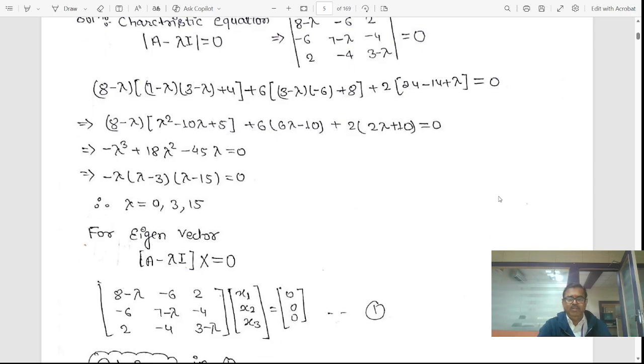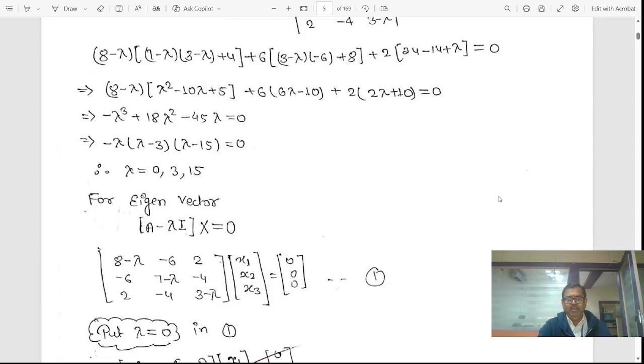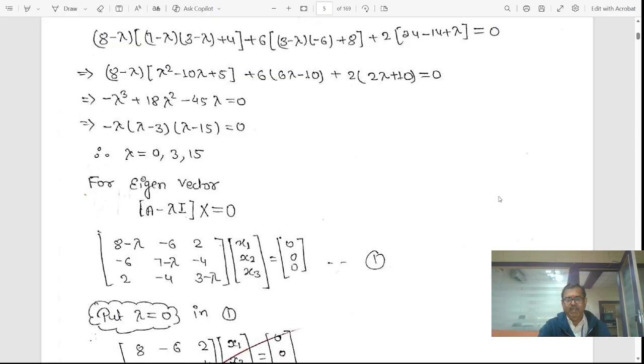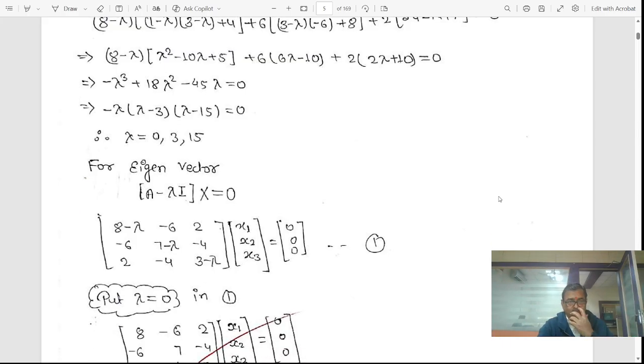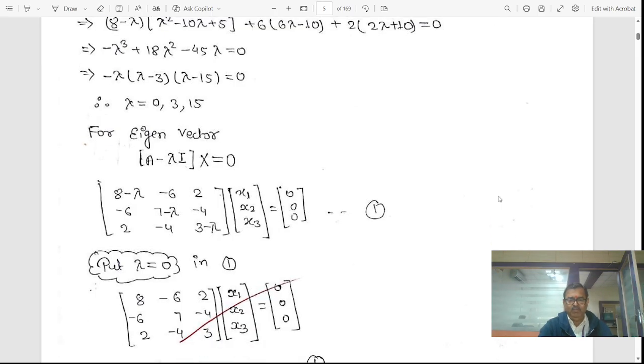Now applying the condition for eigenvectors, (A − lambda I) X = 0, where 0 means the null matrix. Here we write the value of A − lambda I: [8 − lambda, −6, 2; −6, 7 − lambda, −4; 2, −4, 3 − lambda], and X is [x1, x2, x3], equal to the null matrix [0, 0, 0].